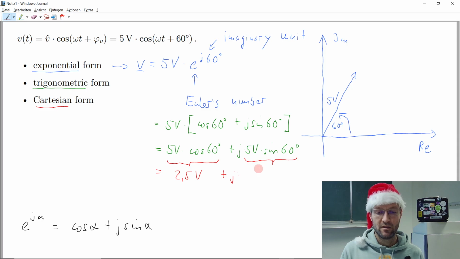And yeah, sine of 60 is more complicated, times 5 volt. No one can calculate this in your head, but the thing is, where do we find these numbers in the nice schematic that I have drawn?